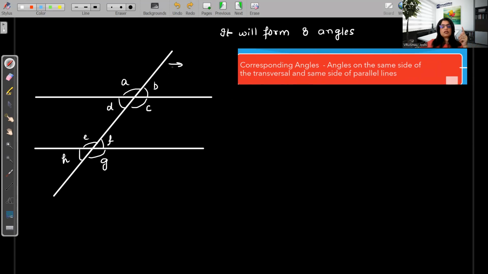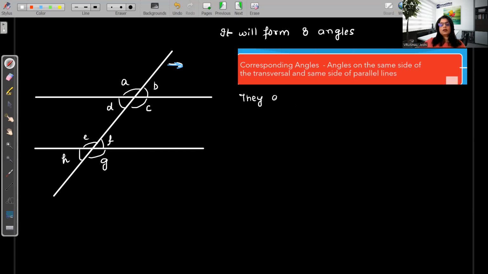Same side of the transversal means this side. Same side of the parallel line means either above the line or below the line, both, correct? So above the line means we are talking about angle B and angle F. What are the properties of corresponding angles? So the properties of corresponding angles are equal.